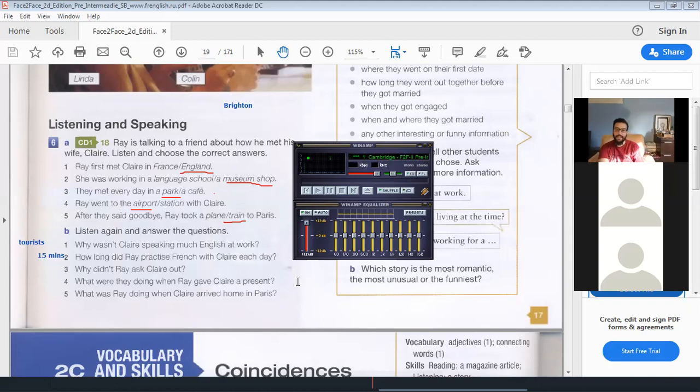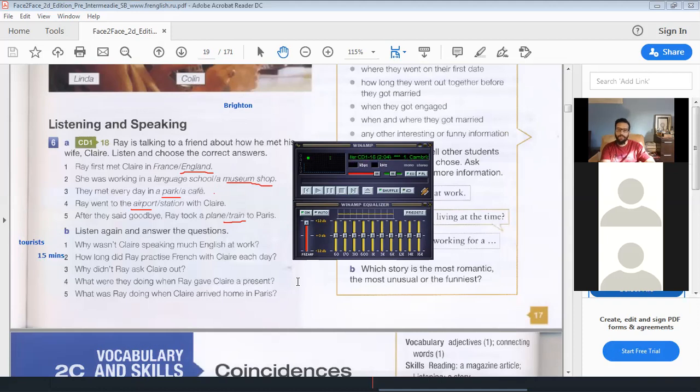Don't worry. Number 4. What were they doing when Ray gave Claire a present? First of all, what was the present? Gift. Yeah, what was the gift Ray gave Claire? Did you hear what was the gift, Mohammed? No. All right.